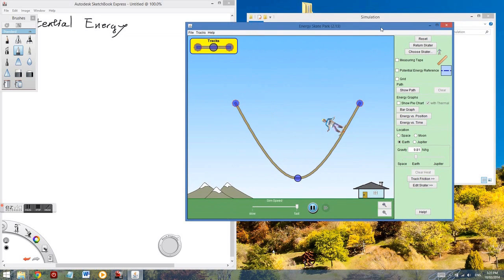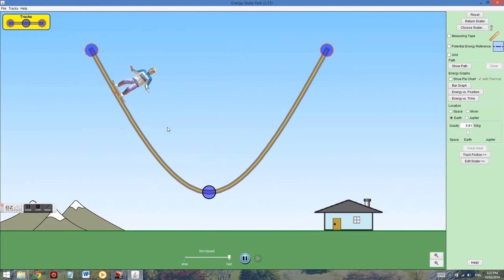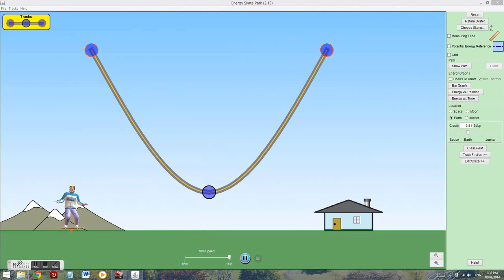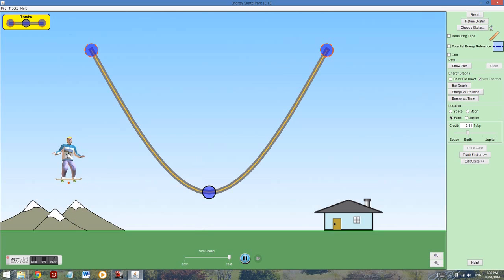Okay, say we have a skater here, and a giant comes around and picks him up. As I pick him up in the air, I need to use energy.